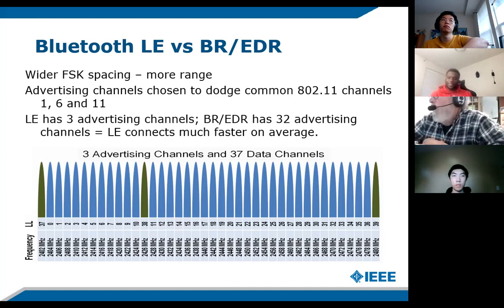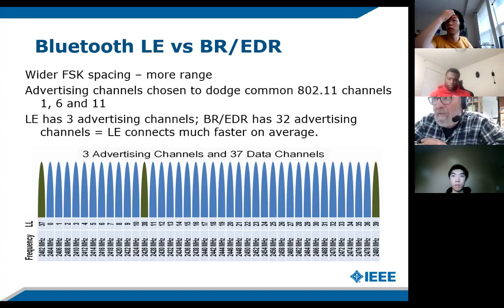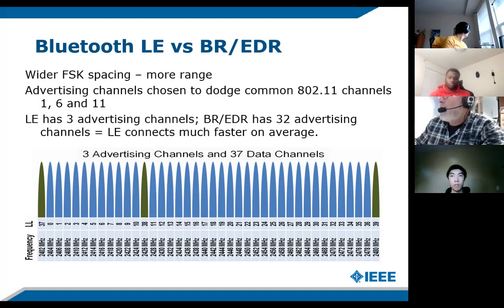One of the things that we did when we had a chance to do a partial reinvention of Bluetooth, we said, okay, we're trying to optimize the system so it can be off as much as possible. That means one of the things we want to do is reduce the amount of time it spends finding the other devices. So in the redesign, we chose 3 channels for advertising.